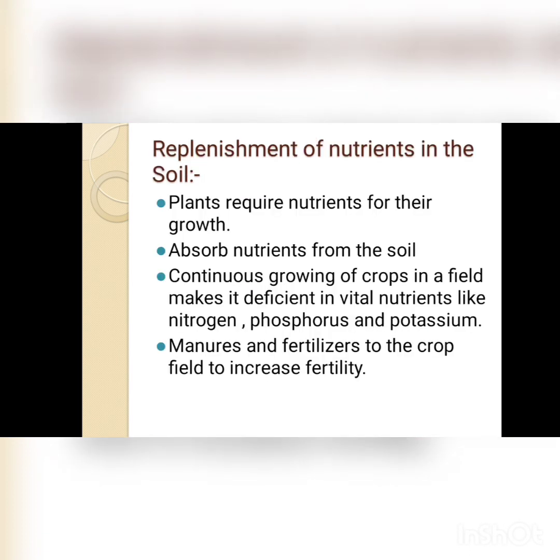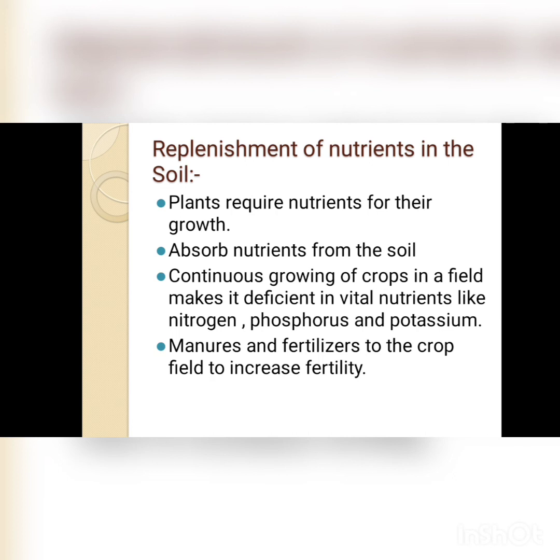Clear? So the last topic of this chapter is replenishment of nutrients in soil. As we know, plants grow day by day, so for growth they require nutrients.